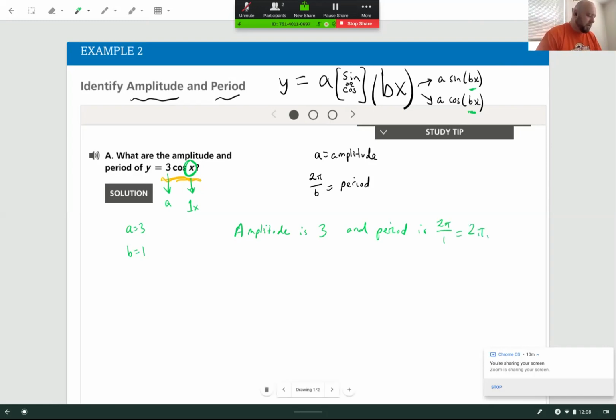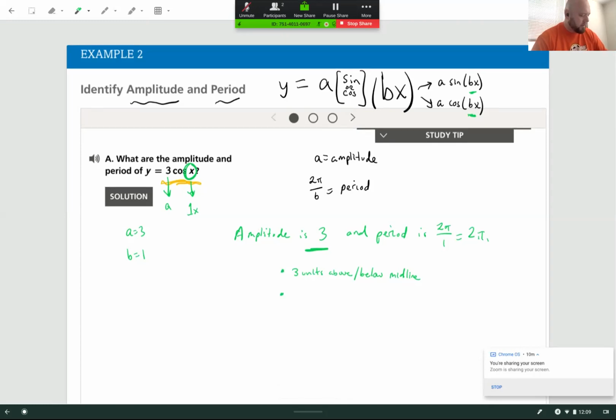So practically what that means is that the function is going to move, because the amplitude is 3, that it's going to go 3 units above or below the midline. And if the period is 2 pi, that means the graph makes a full rotation in 2 pi units.